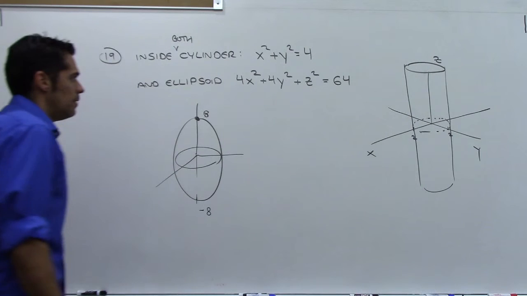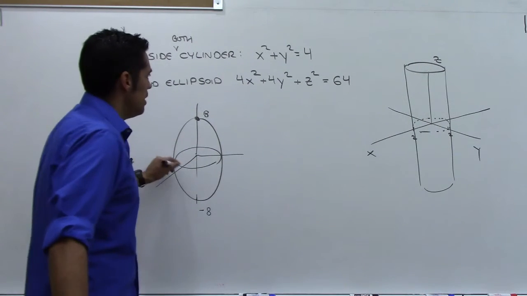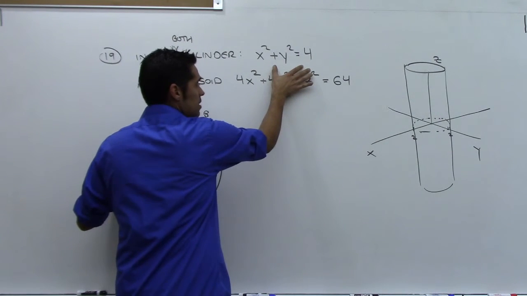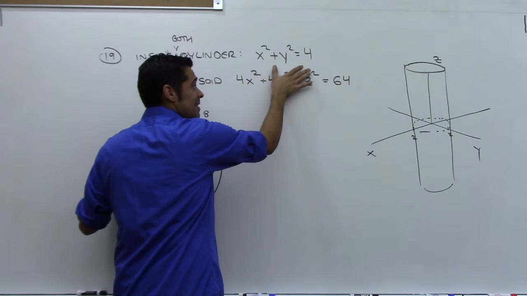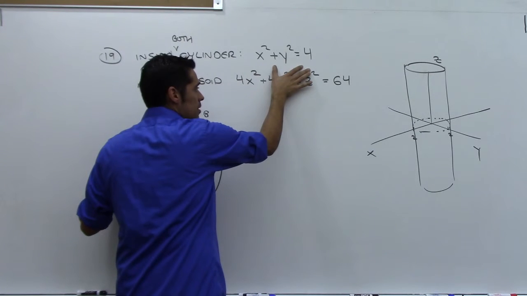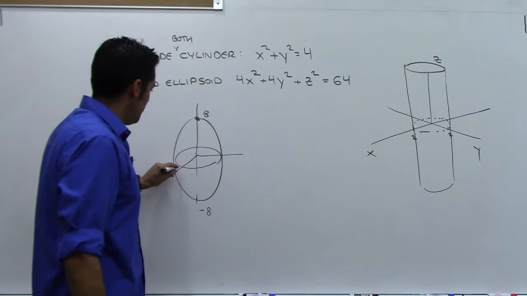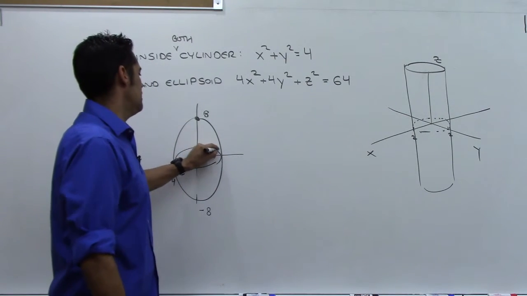And then as far as the outsides are concerned, let's figure out where it hits on the x-axis. If I zero these two out, 4x squared equals 64 means x squared is 16, and taking the square root of both sides, I get 4 and negative 4. So it hits here at 4, and on the back side over here at negative 4.